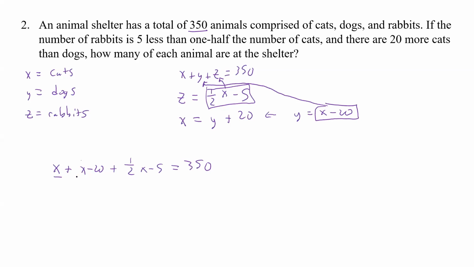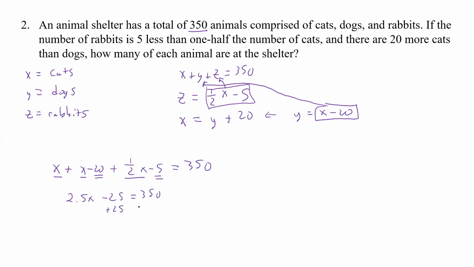All right, so we have x, x, and x, and then we have minus 20, minus 5. So we have a minus 25 here. So that means we're going to go ahead and put it to the other side. And so when we do this, let's say we have x plus that. So that's going to be 2.5x, and then minus 25 equals 350.